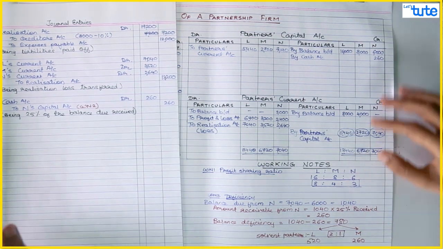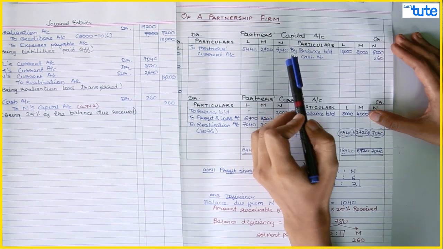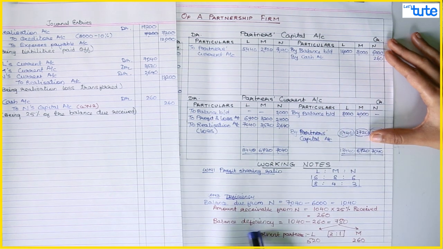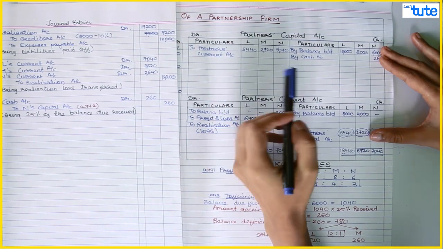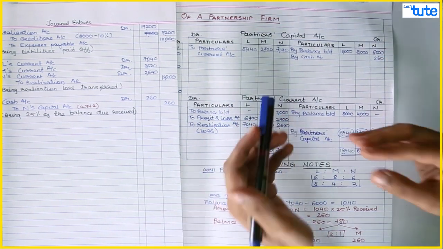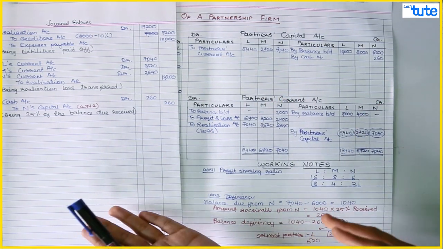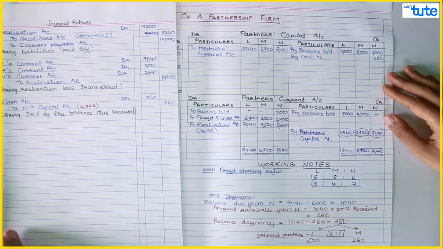First of all, we need to close N's capital account. So N has a debit balance. You need to close this, so it would be credited. And the deficiency which is to be borne by the partners would be debited to the partners' capital accounts, because it is as good as a loss which is to be borne by the solvent partners.